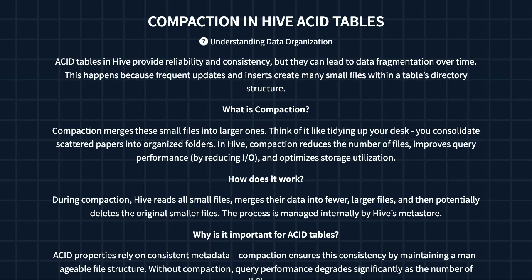This reduces the number of files Hive has to search through during a query, leading to much faster performance. It's especially important for ACID tables because maintaining consistent metadata, which is what ensures those reliability properties, relies on a well-organized file structure. So, regular compaction is really key to keeping your ACID tables running smoothly.